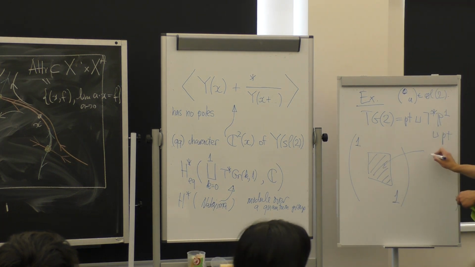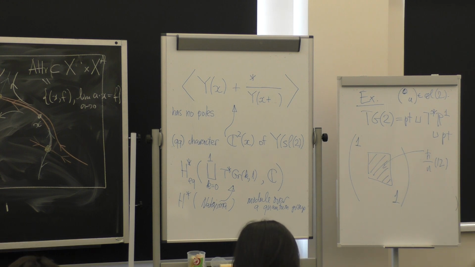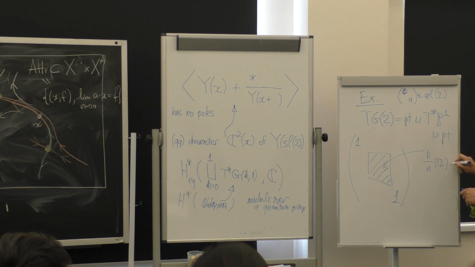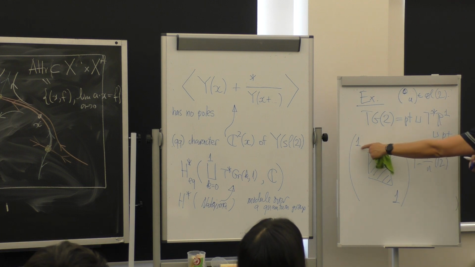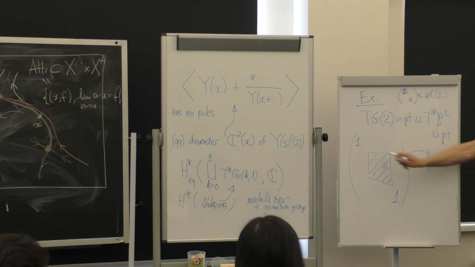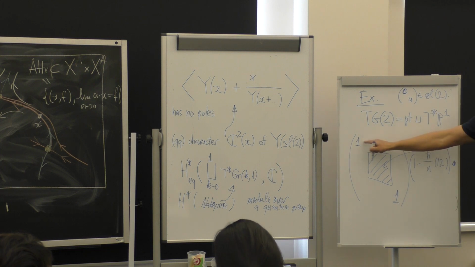You have to find h bar over u times the permutation, times whatever scalar you need to make it 1 here. The scalar is just a normalization.